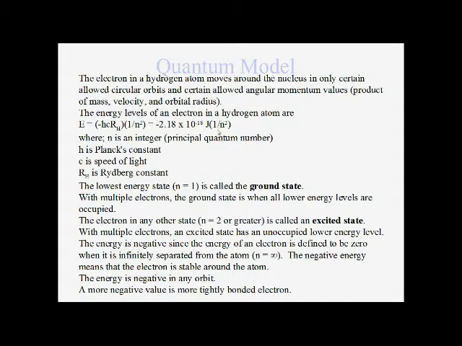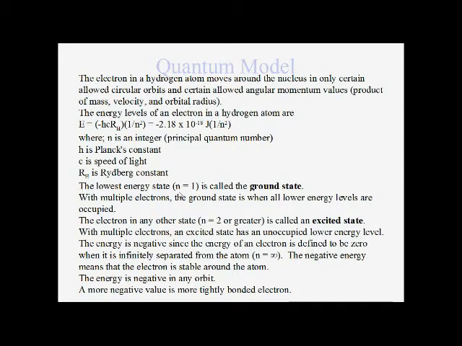If we put in the lowest level possible, 1, we see that the energy of the ground state electron is negative 2.18 times 10 to the minus 18 joules. We'll see another version of this equation in a little bit that allows us to calculate the energy of an electron transition between two different energy levels.